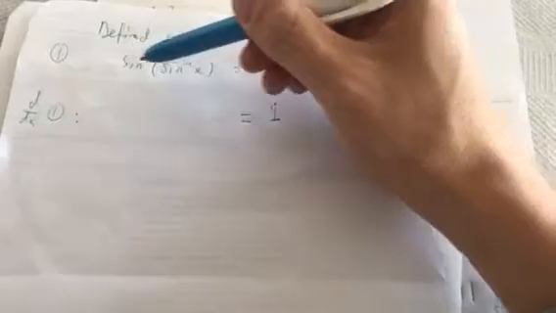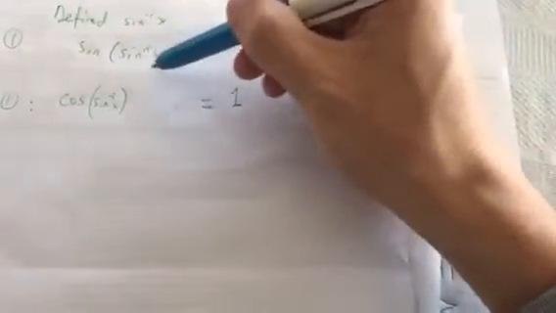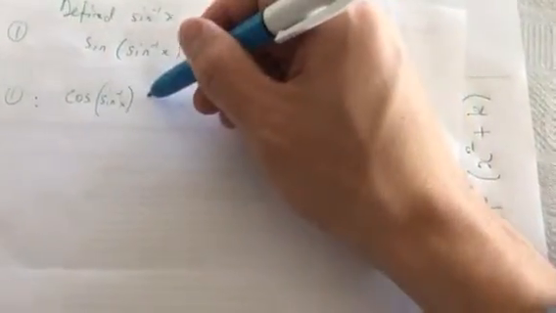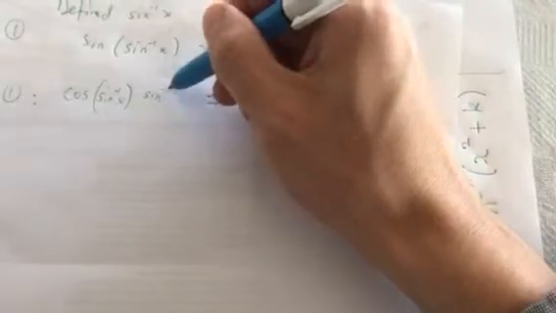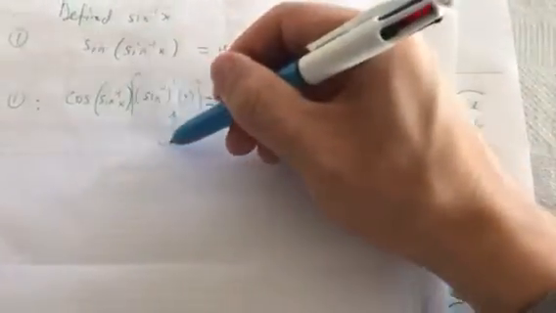So you pretend it's just sine of x. So it'll be cosine of inverse sine x, right? Times the derivative of inverse sine x. So that's the thing we're trying to find. Okay, so this is the thing we want.